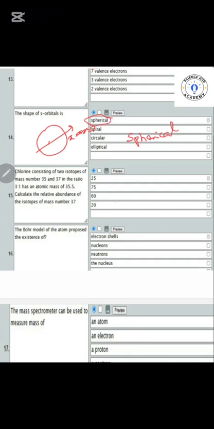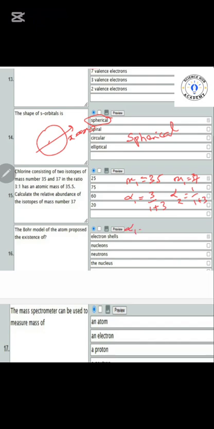Now question 15, calculate chlorine consisting of 2 isotopes of mass number 35 and 37 in the ratio 3 to 1. So here we know M1 is 35, M2 is 37, then alpha 1, that's the ratio 3 over 1 plus 3, then alpha 2 is 1 over 1 plus 3.